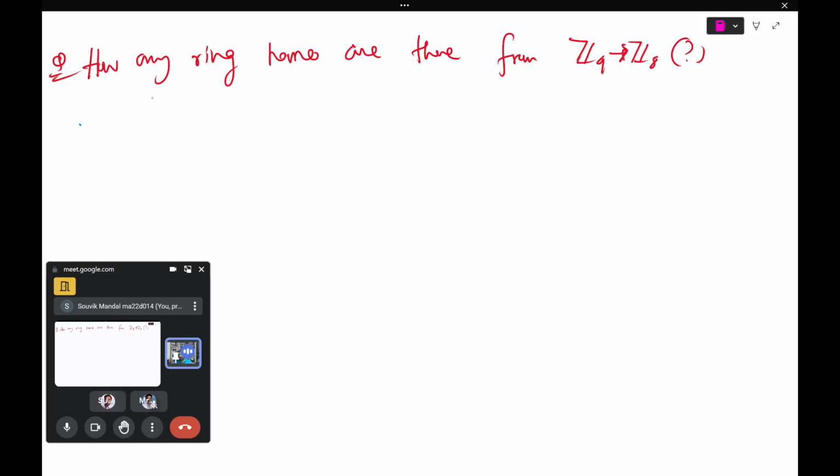There is no point using a theorem, right? Okay. Only one thing, if you notice, it suffices to see how many ways the unit of Z4 can be mapped to Z8. That would be the number of homomorphisms.